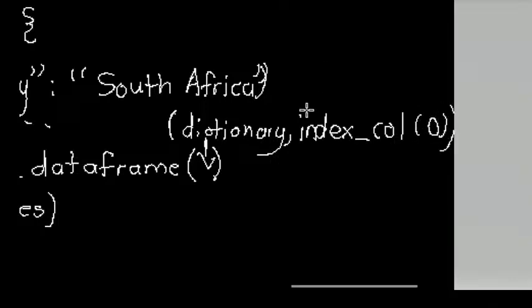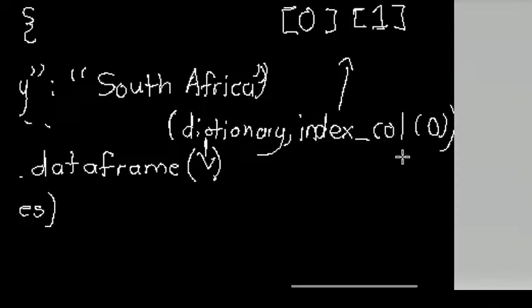And what that allows you to do is to select or access a column using a more preferable method than simply an index number like 0 or 1.